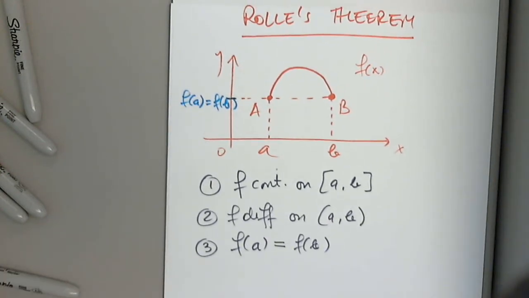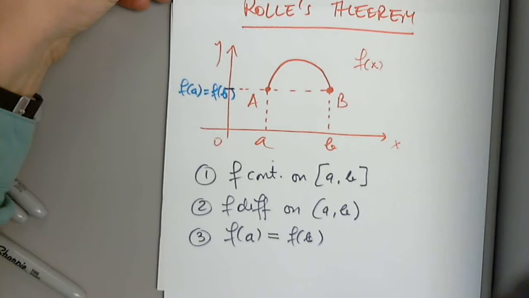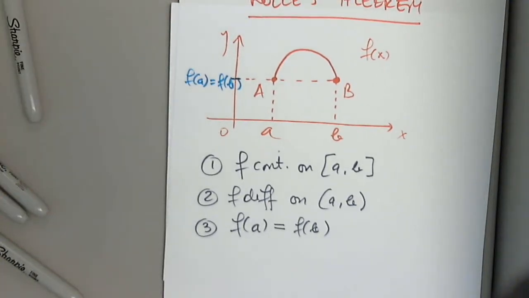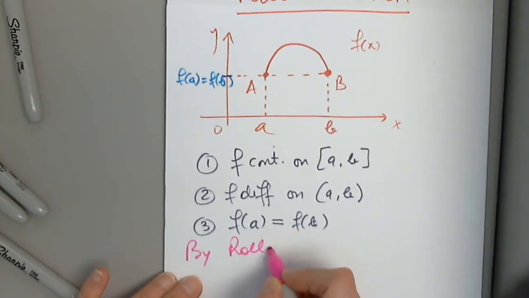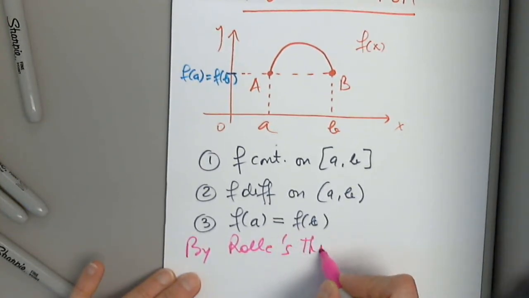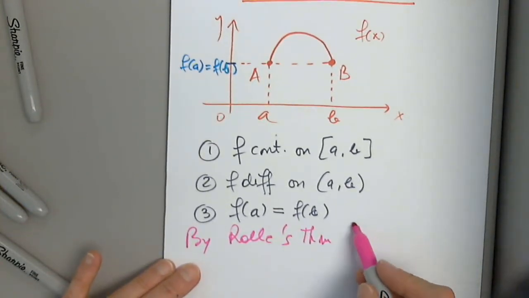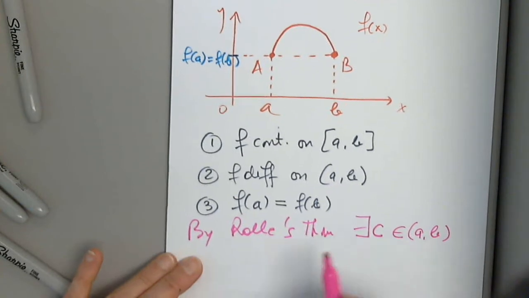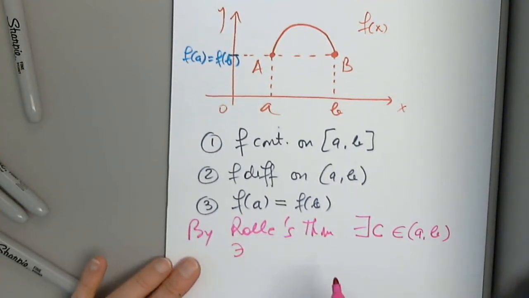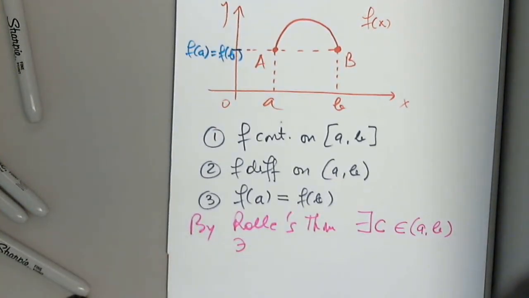I'm going to start the conclusion, and you're going to help me finish it, because I know you can. If all these three conditions are fulfilled, then by Rolle's theorem, there exists a c in the open interval a comma b such that f prime of c equals 0.